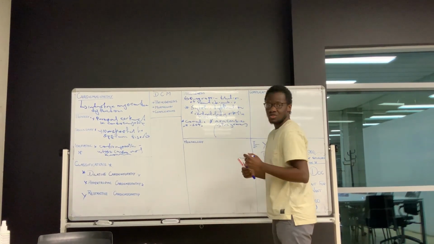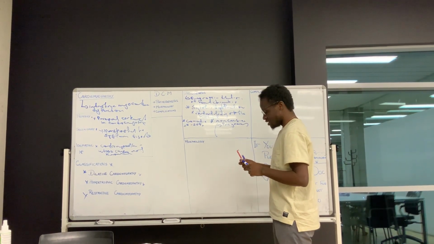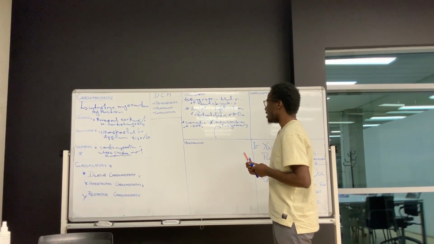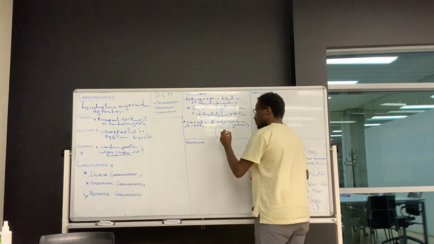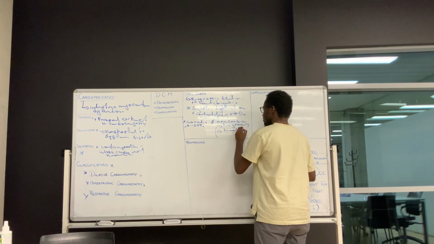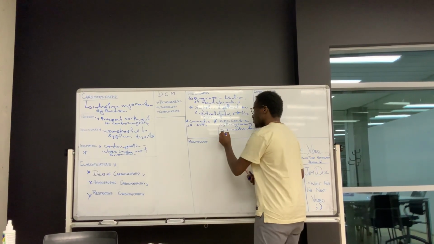It's important to know a lot of changes are caused by pregnancy, and one of them is what we call peripartum cardiomyopathy. We have also tachycardia. We have also stress-provoked.